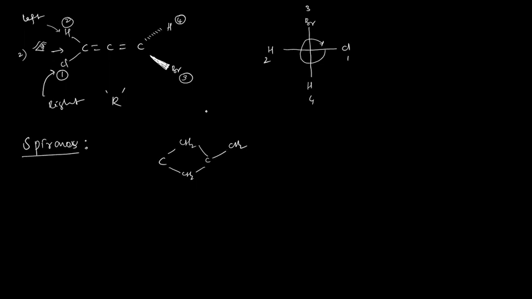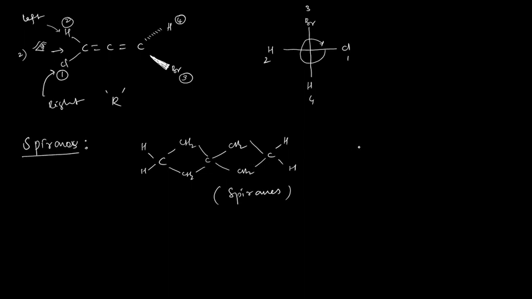Here also the same, this bond CH2. Now here it is H, here it is H. Now it is a spirane. Double bonds are replaced with CH2 groups.